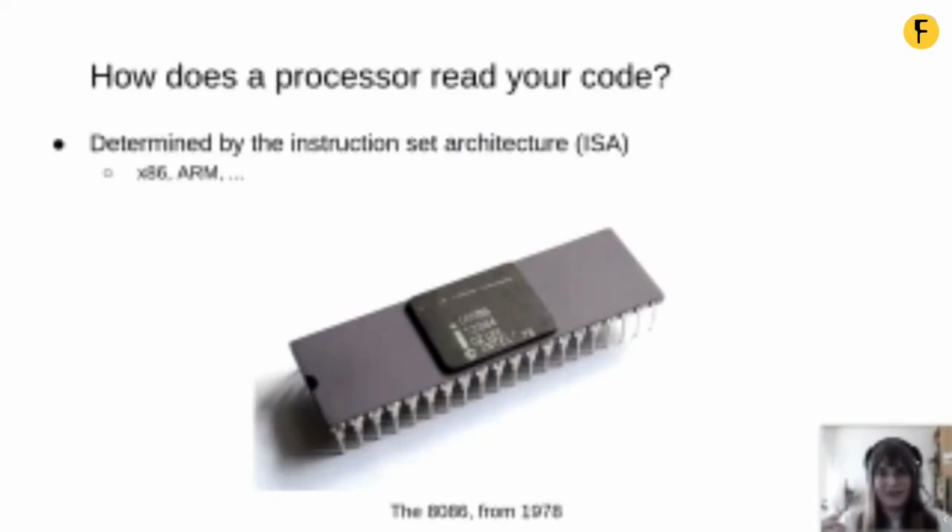So we have a few major ISAs still in play today, and we have many throughout history. And some of the big ones today are x86 and ARM. I'll be using x86 as a quick example because it's fairly emblematic of modern ISAs, in my opinion. So x86 is by now a really old instruction set architecture.